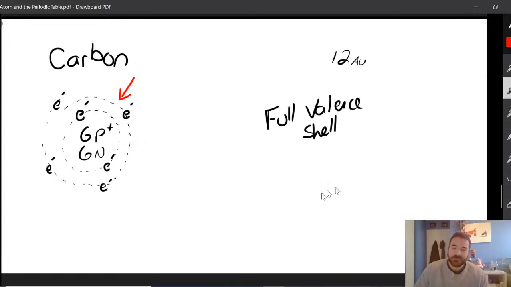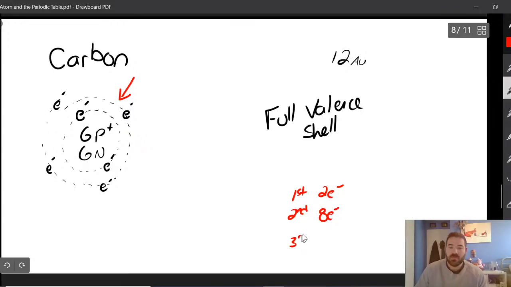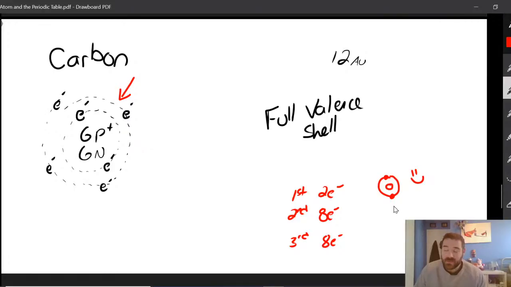So we talked yesterday, the first orbit can hold 2 electrons, the second orbit can hold 8, and then the third orbit can also hold 8. So if an atom has 2 electrons in its first orbit, and that's all it has, it's pretty happy, because it has the maximum number of electrons that it can on its very outside orbit.